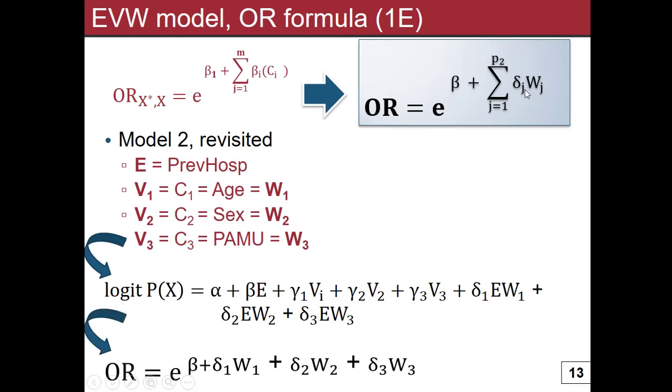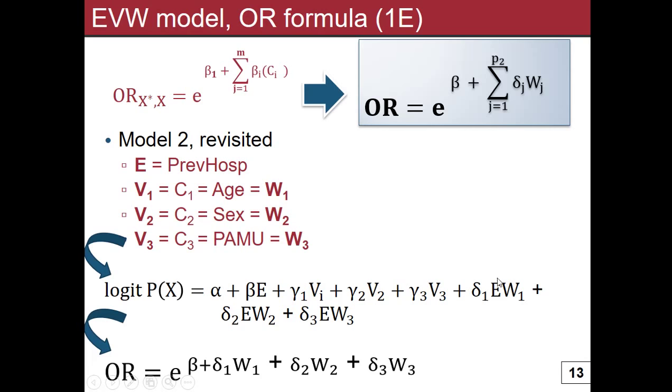So here we go. If we had this model 2 that we saw earlier, this was a model that had age, sex, and PAMU along with E for previous hospitalization. This model had control for age, sex, and PAMU as confounder terms, or V variables. It also had them as potentially effect modifiers.